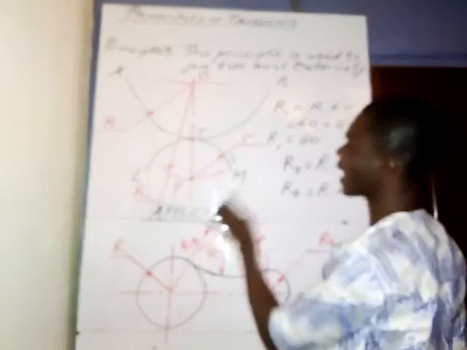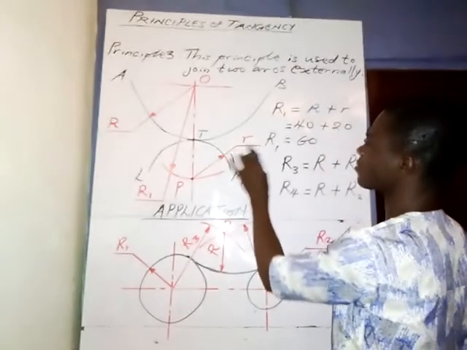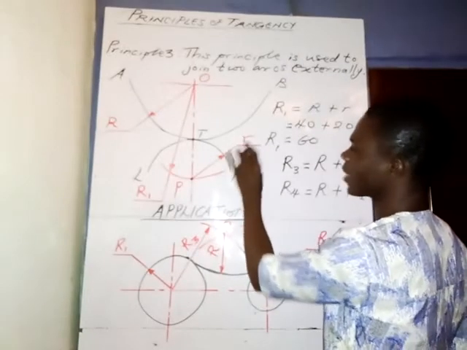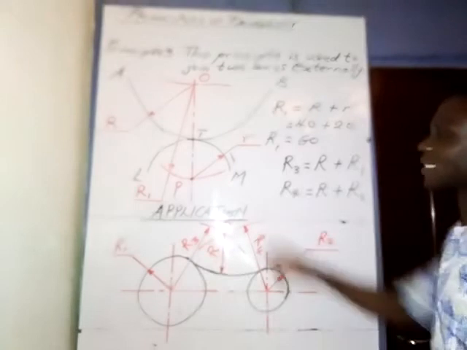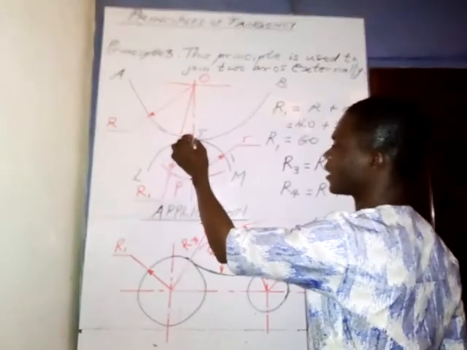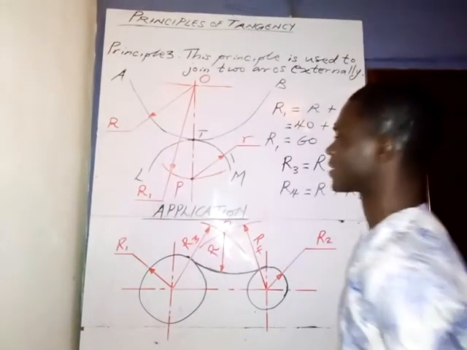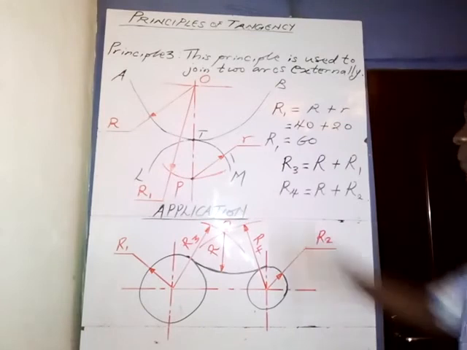After drawing this arc, you take the radius of the small arc, arc LM, 20 millimeters, put it at this point, and draw this arc. So the arcs will touch each other externally at this point, which is the point of tangency. Okay, now I believe that is clear.